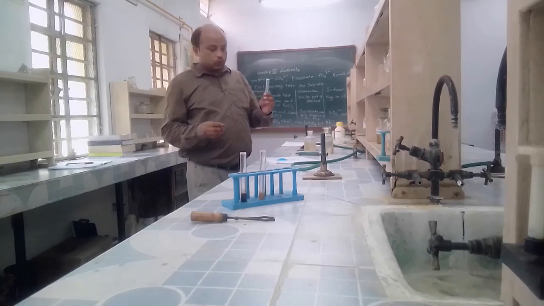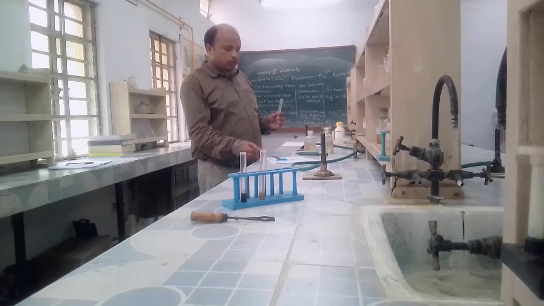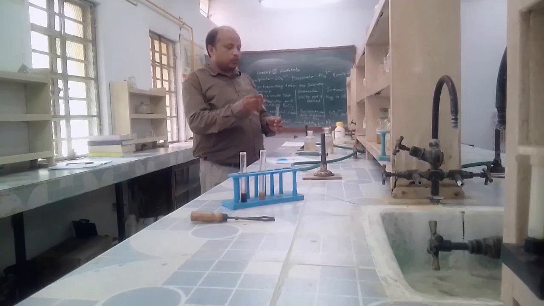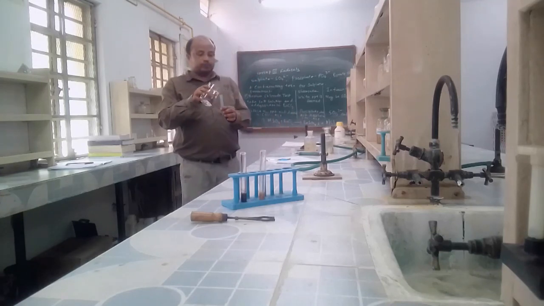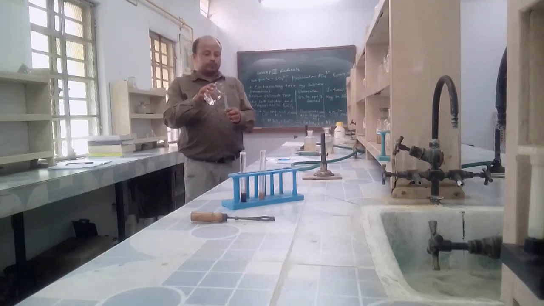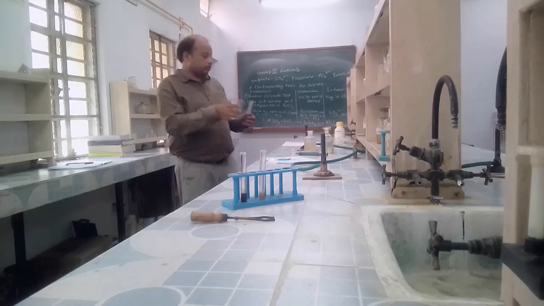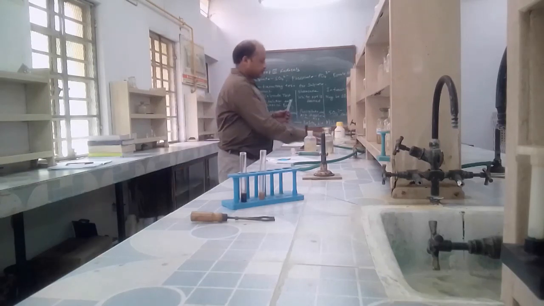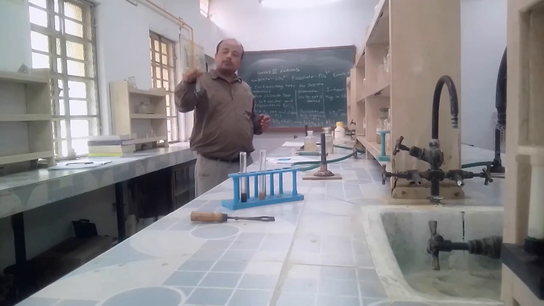We'll just do the test for the acid radical. So what we have to do? We have to take a small amount of salt in a test tube and add distilled water in it, and shake it well so that it gets completely dissolved in water.